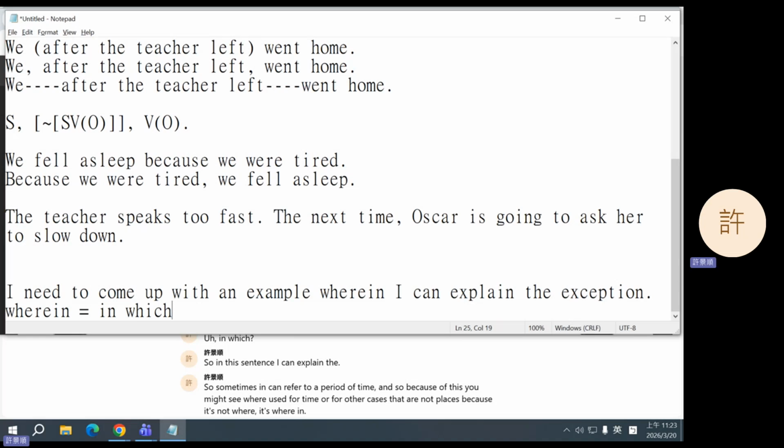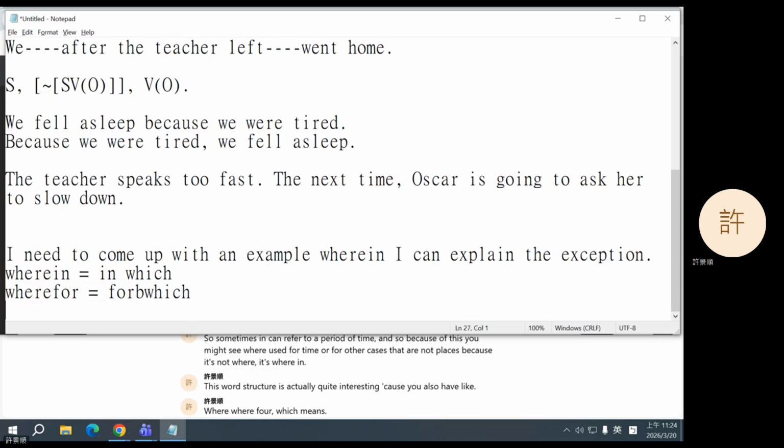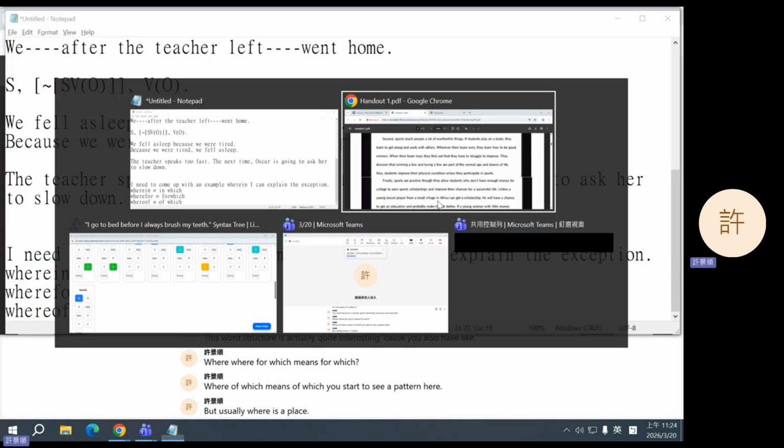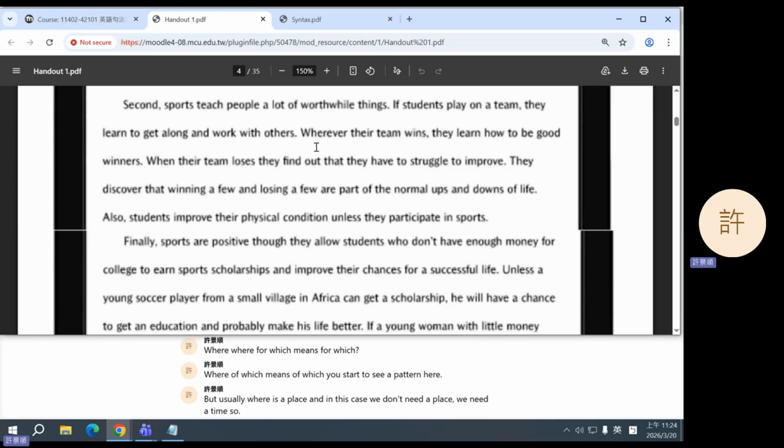This word structure is actually quite interesting because you also have wherefore, which means for which, whereof, which means of which. You start to see a pattern here. But usually where is a place. And in this case, we don't need a place, we need a time. So whenever.